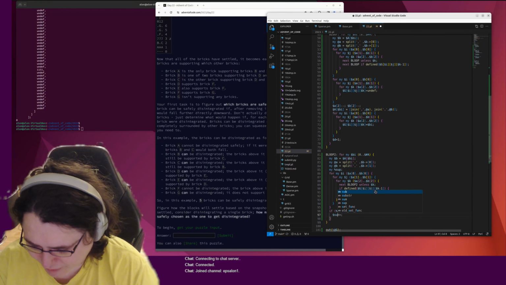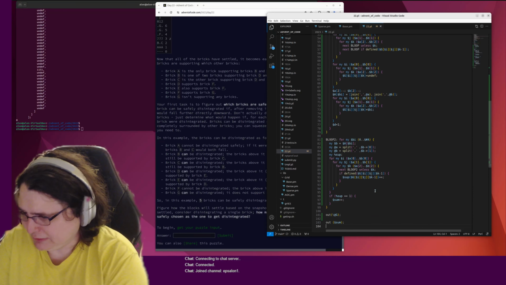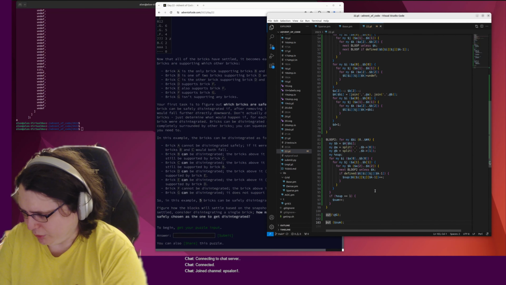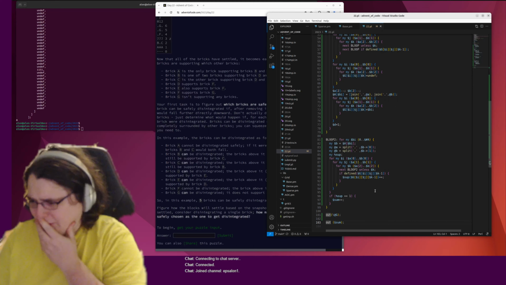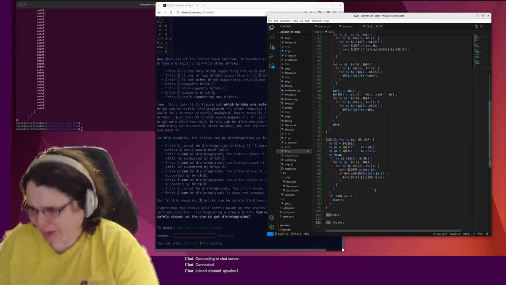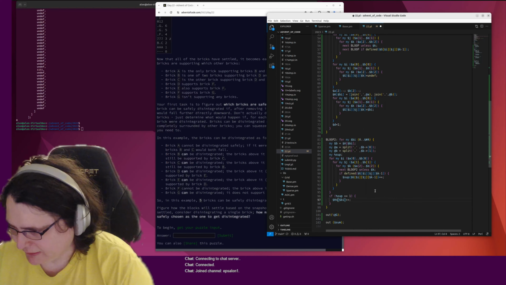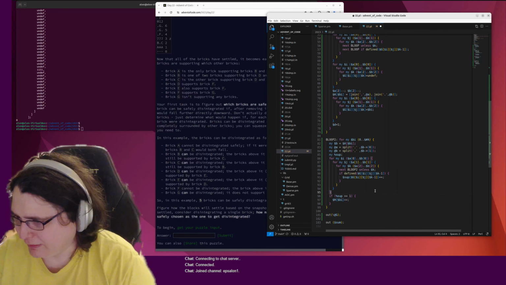Because if this brick has only one support, then the bricks that support it. It's not bi.